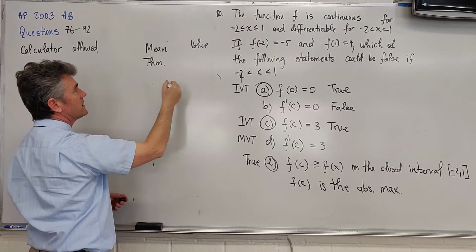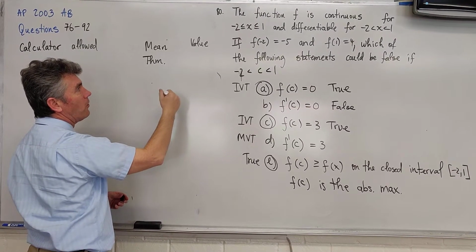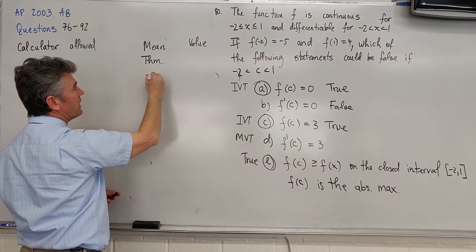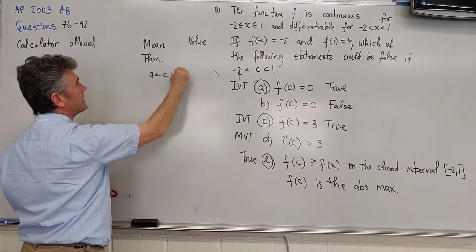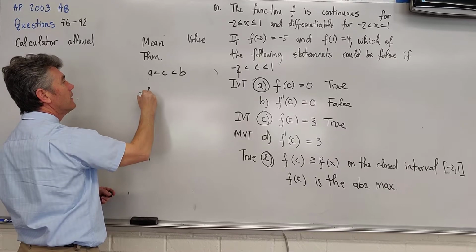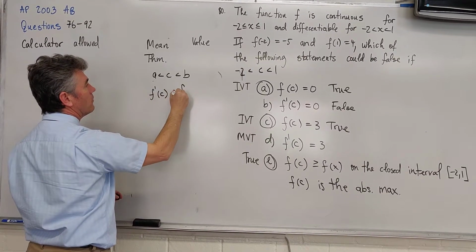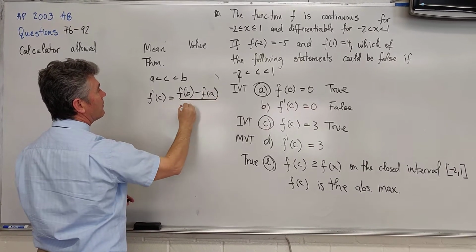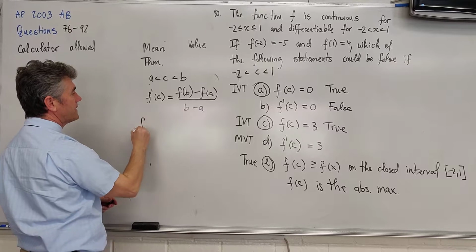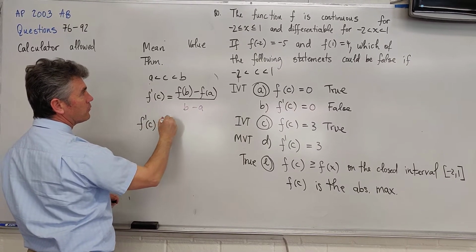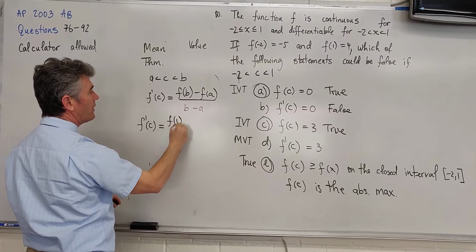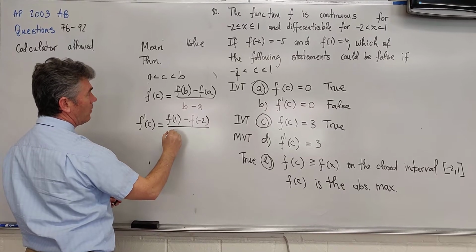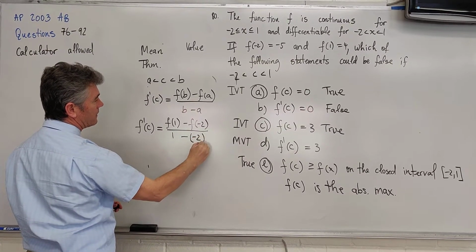And what does it say? If the function is continuous and differentiable on the interval from A to B, then there exists a point C between A and B, so A is less than C, less than B, such that f prime of C is equal to f of B minus f of A over B minus A. In our case, f prime of C would be equal to f of 1 minus f of negative 2 over 1 minus negative 2.